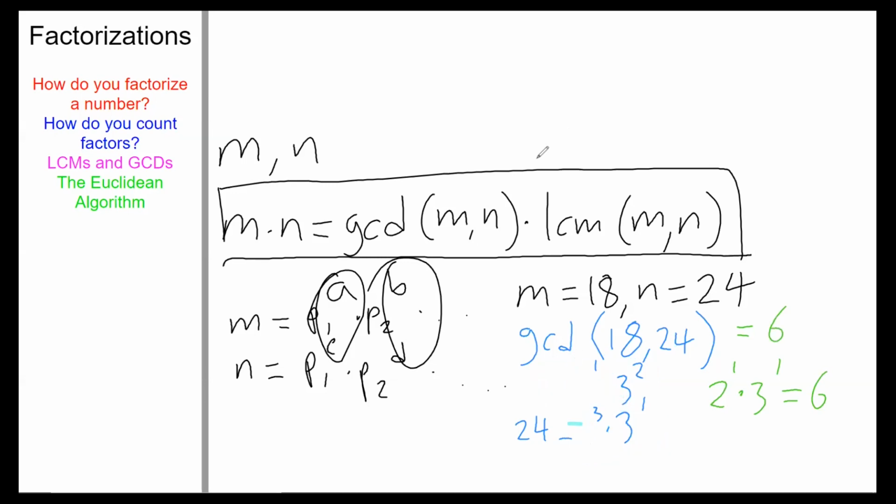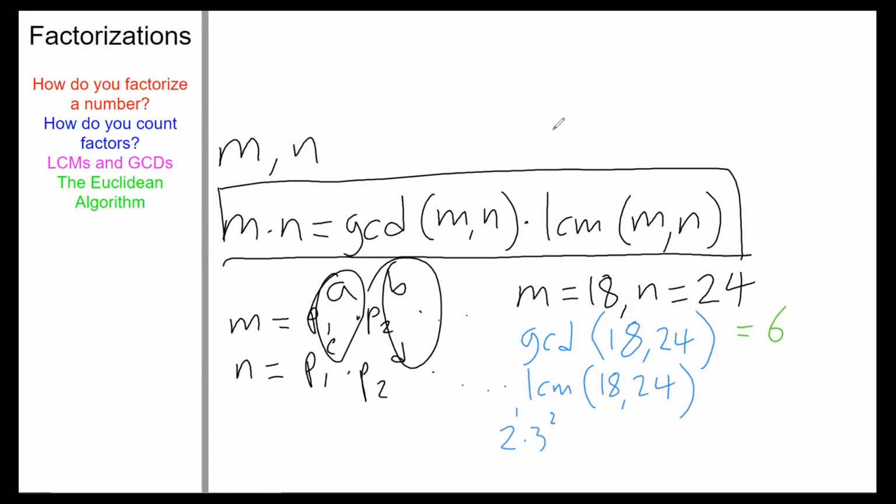Now, can you guys find the LCM? Well, just as we said before, 18 is 2 times 3 squared, and 24 is 2 cubed times 3 to the first.